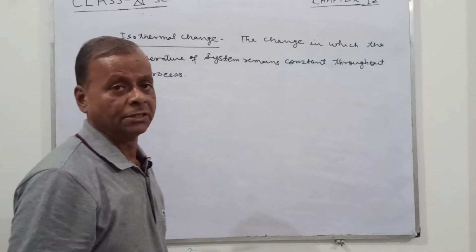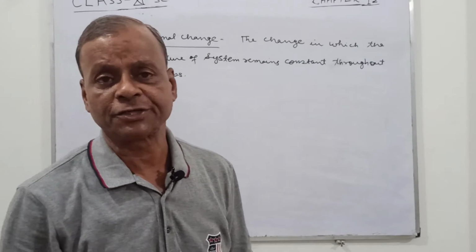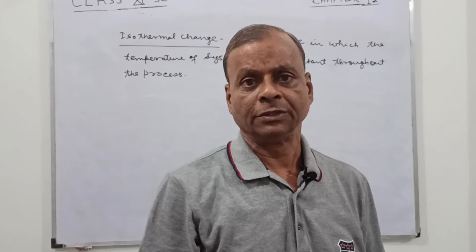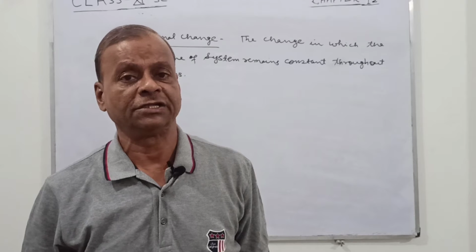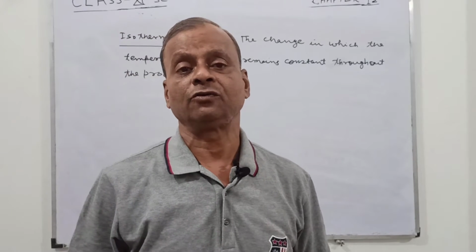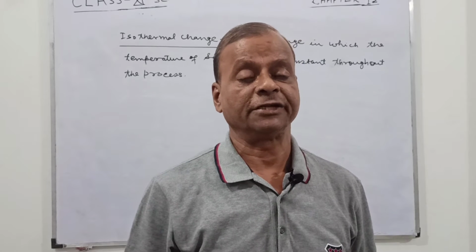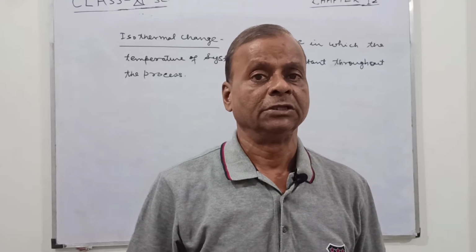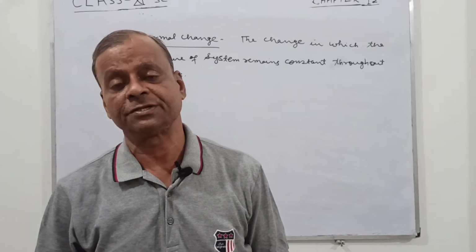It means that if suppose the system is allowed to expand, then the internal energy of the system will decrease. So at the same time, the same amount of heat must come inside the system so that the temperature remains constant. If suppose the system is allowed to contract, then the temperature of the system will increase.